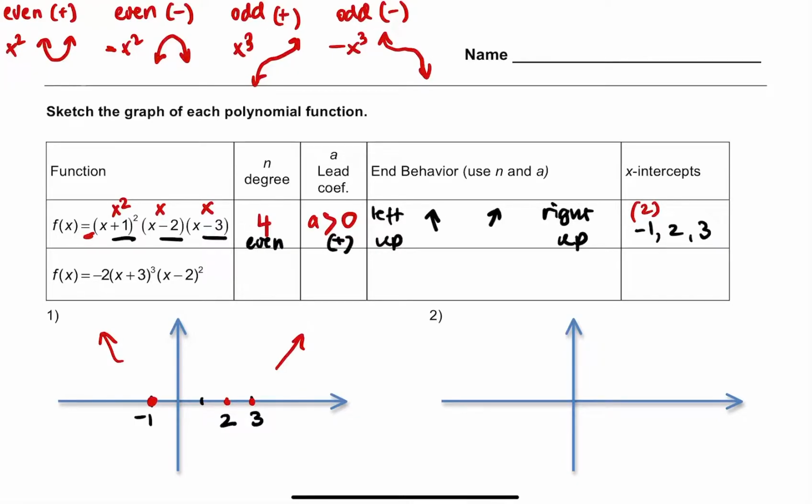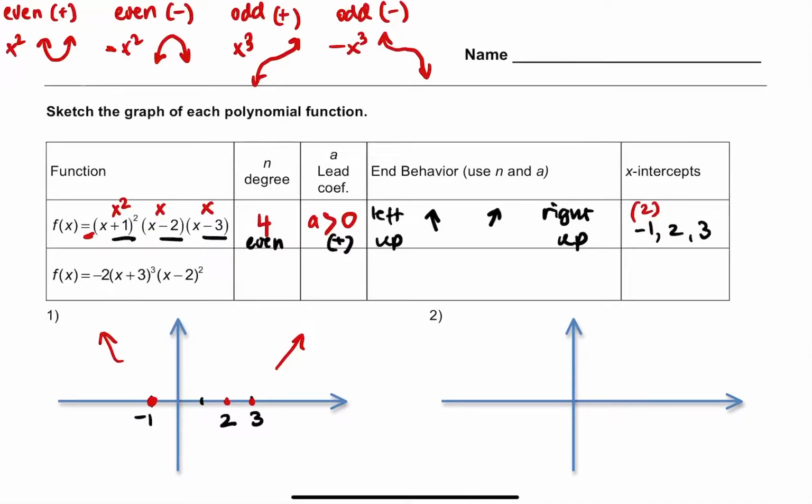So we know that at -1, this graph is not going to go through the x-axis. Remember, if the multiplicity is even, the graph will not cross the axis.